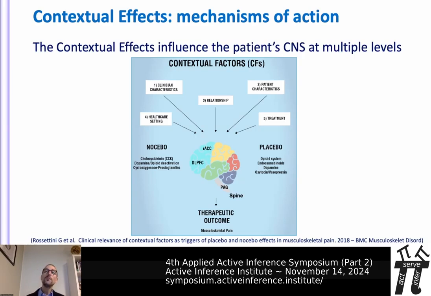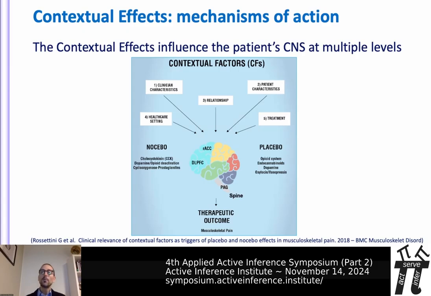Different brain areas can also be activated. For example, the dorsolateral prefrontal cortex, the anterior cingulate cortex, the periaqueductal gray, and the dorsal horn of the spine are modulated. And all these specific neurological pathways translate into changes in clinical outcomes.